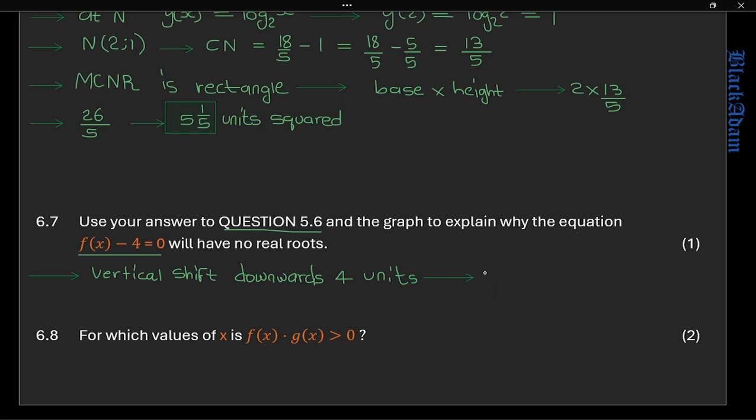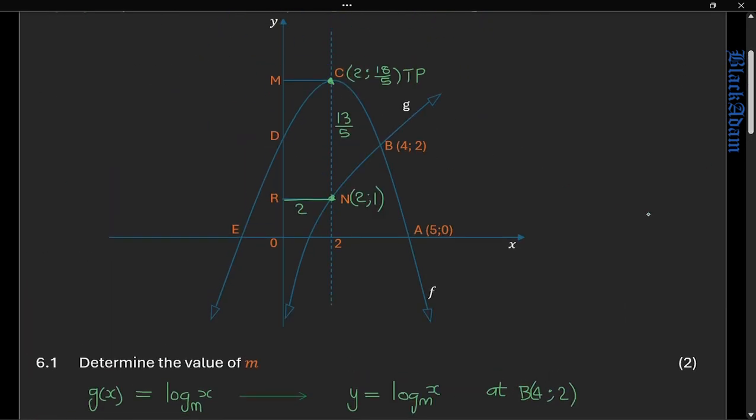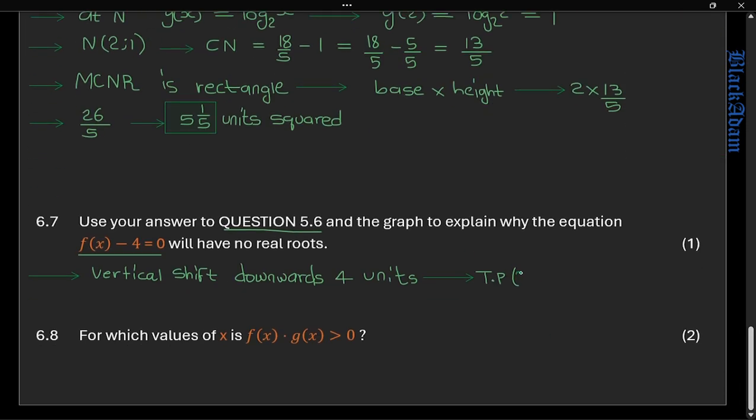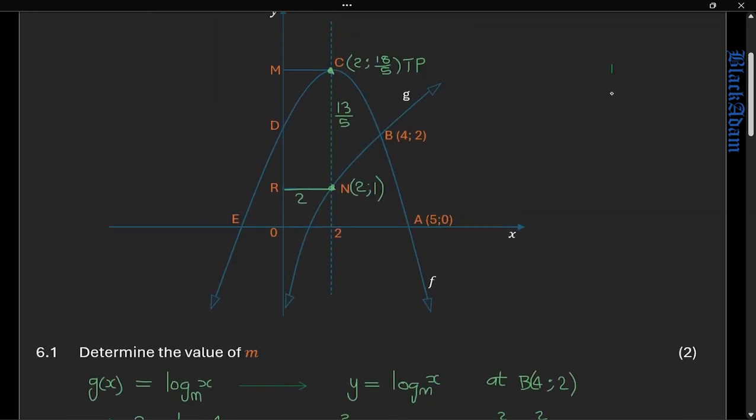So we can have a look at how the turning point will be. This is the turning point, which means we're going to have 18 over 5, so that's 3 and 3/5. Yeah, 3 3/5, I think. So we're going to have our turning point there.